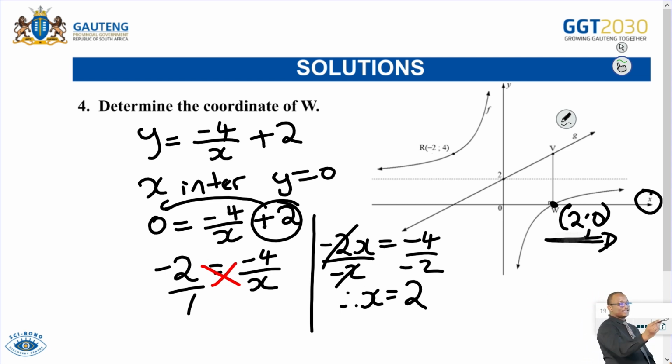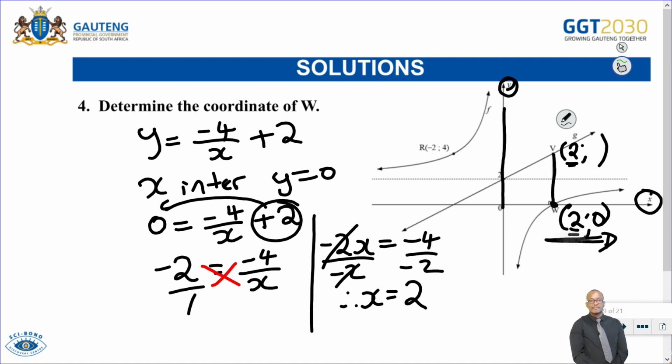But looking at W here, they said it is parallel to the y-axis. So it means they carry the same value of x. For W and V, their values of x is what? Is 2.